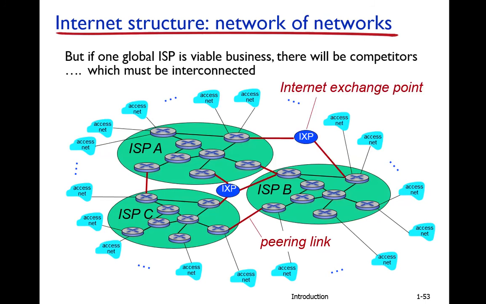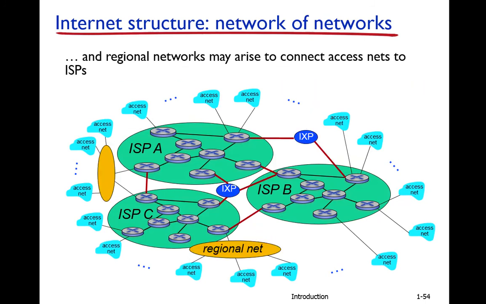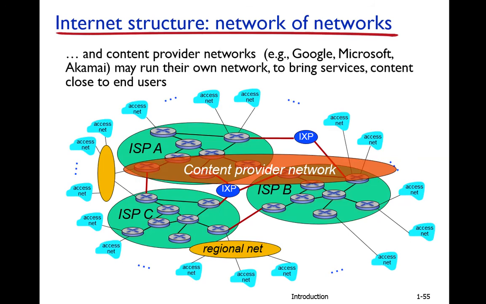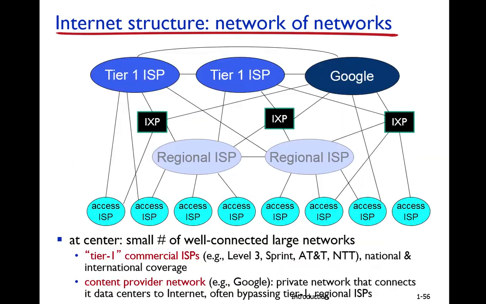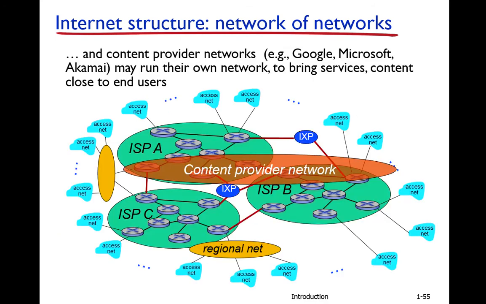So we have different approaches, like we can have IXP, we can have peering links, or we can have content provider networks. So we have already discussed it. My purpose was that I would like to show you that the internet is basically a network of networks.